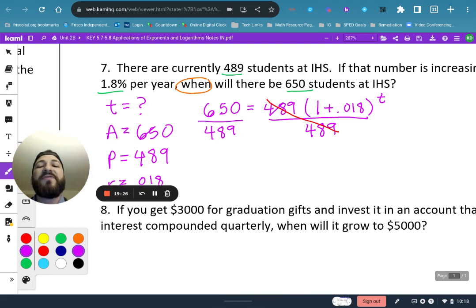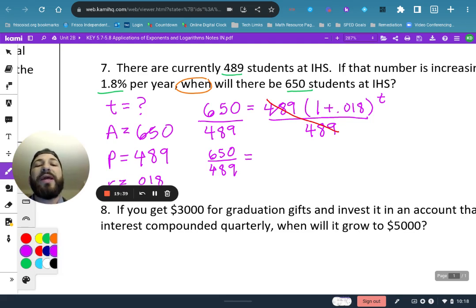So we're going to keep it as 650 divided by 489 over on the left. Then over on the right, all we have left is, I'm going to go ahead and simplify 1 plus 0.018 to just make it 1.018. And that is raised to the power of T.